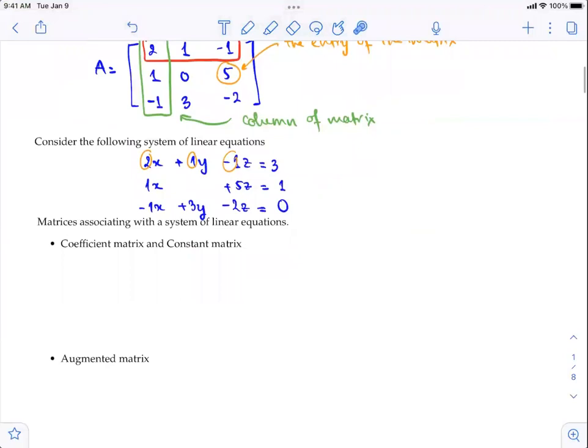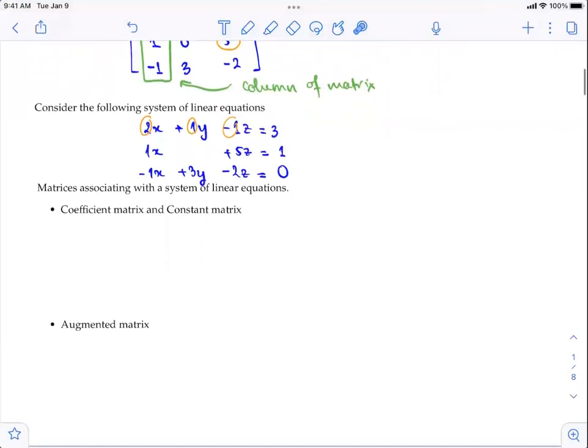All of these numbers are put together into a matrix, which in this case is called the coefficient matrix. So from this linear system, I have a coefficient matrix A of the form 2, 1, negative 1, 1, 0, 5, negative 1, 3, negative 2. So I know that this is the coefficient matrix.